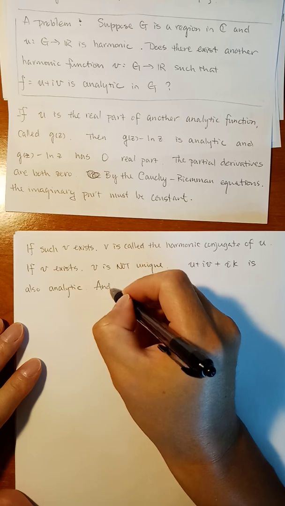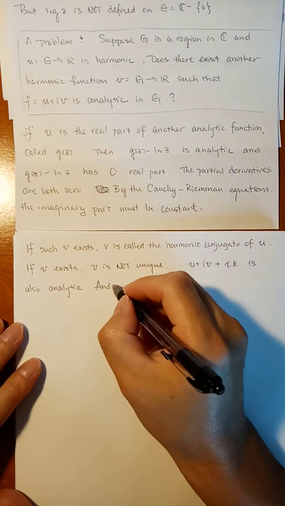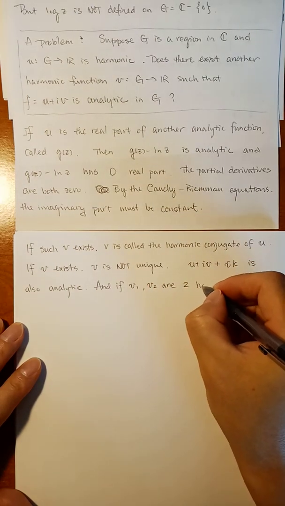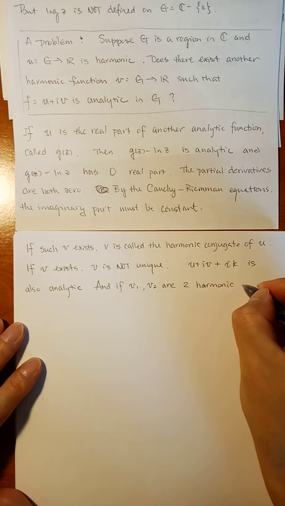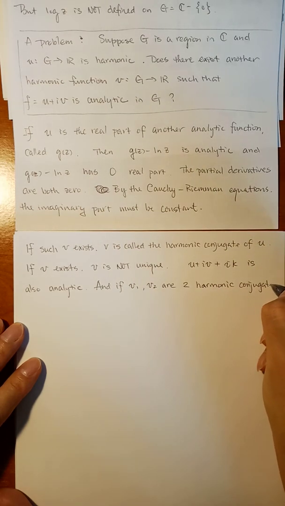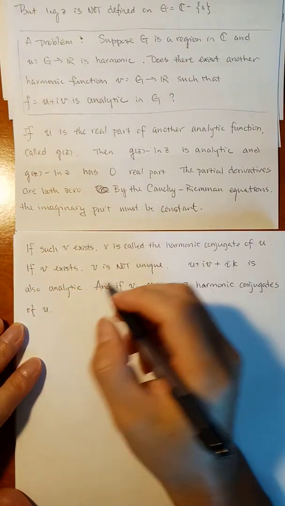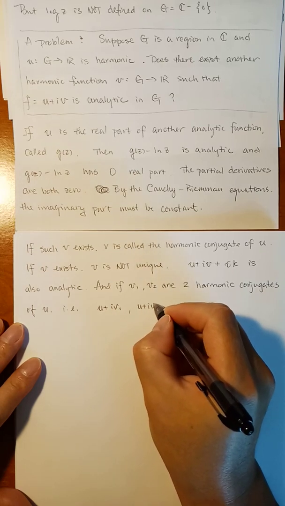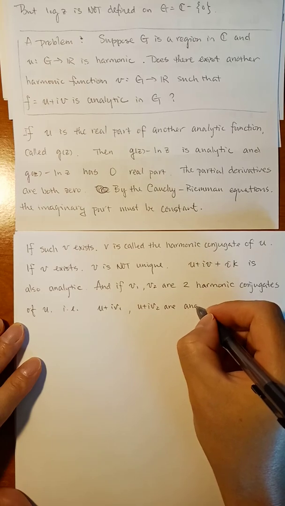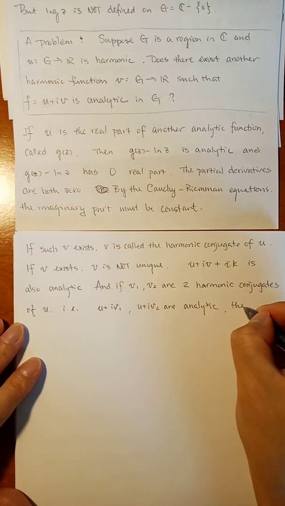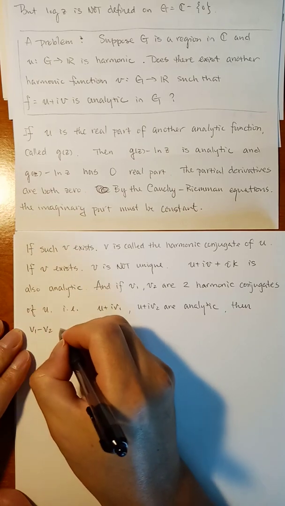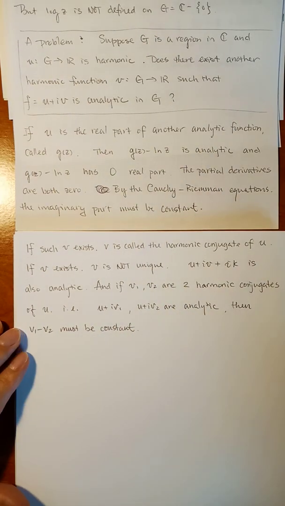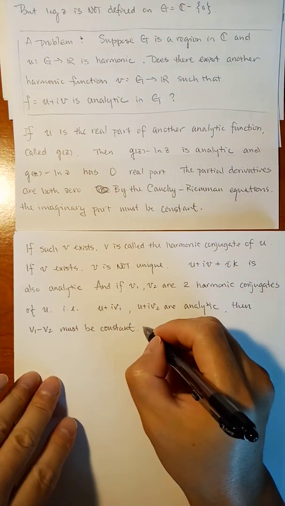And by a similar argument, if v1, v2 are two harmonic conjugates of u, i.e. u plus iv1 and u plus iv2 are both analytic, then v1 minus v2 must be a constant on G. G is connected, remember.